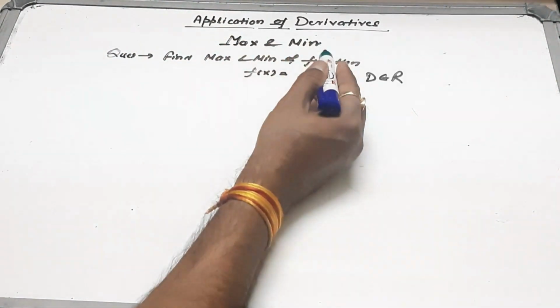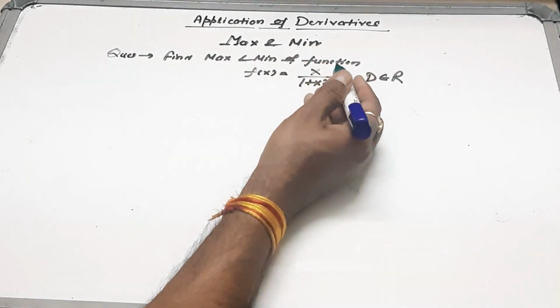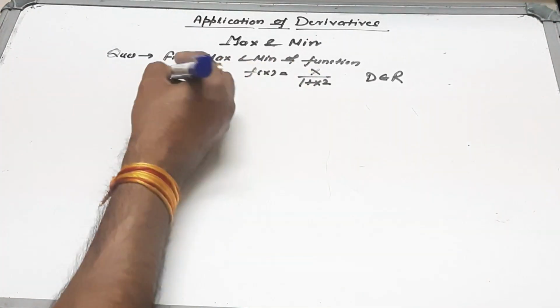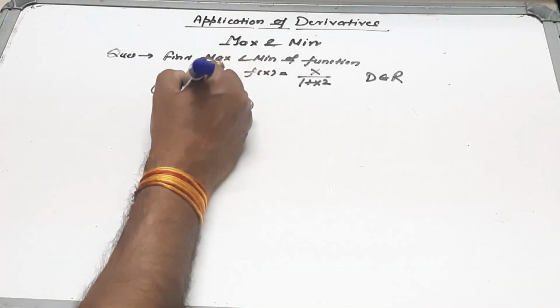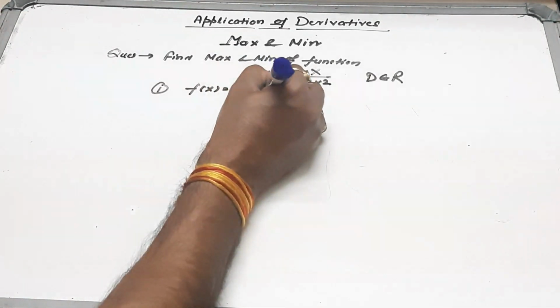Now come to the second question. Find the maxima and minima of the function f(x) is equal to x by 1 plus x square, x belongs to R. The first step is to write down the function f(x), that is x by 1 plus x square.